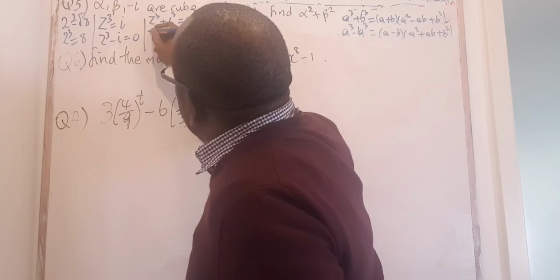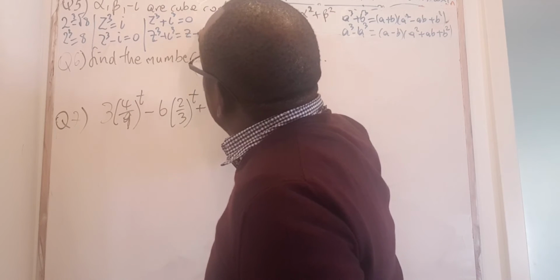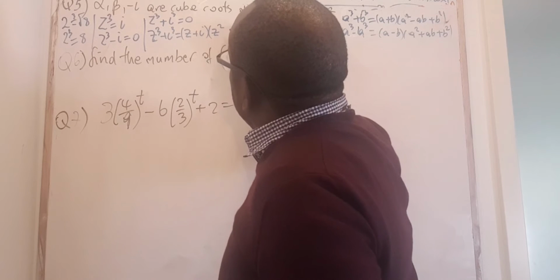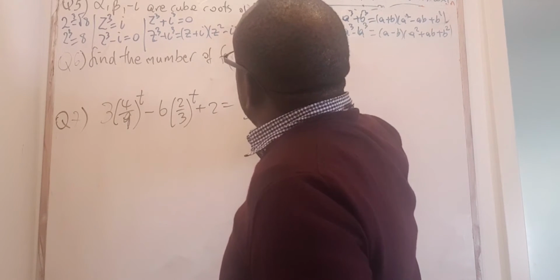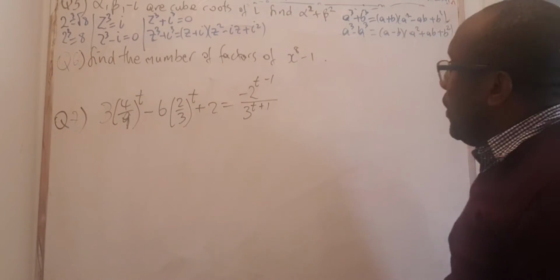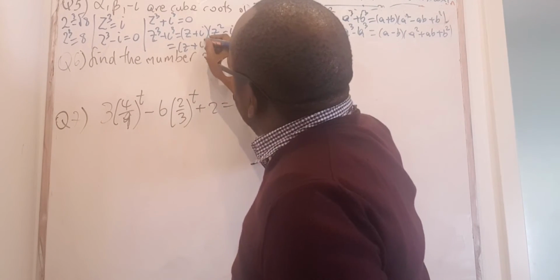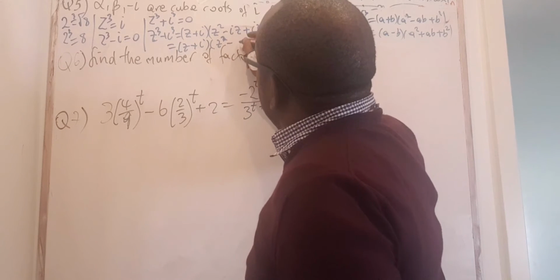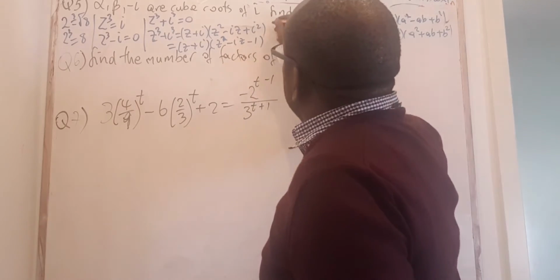That means my z cube plus I cube can be written in the form z plus I into bracket z squared minus I z plus I squared. I just use what we have here. I squared is minus 1. So this is z plus I into z squared minus I z minus 1.